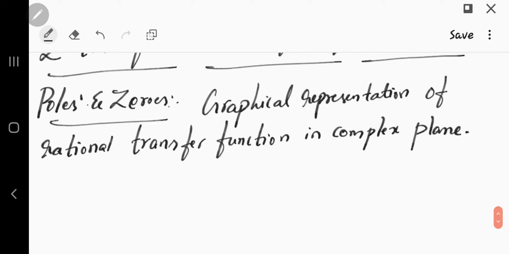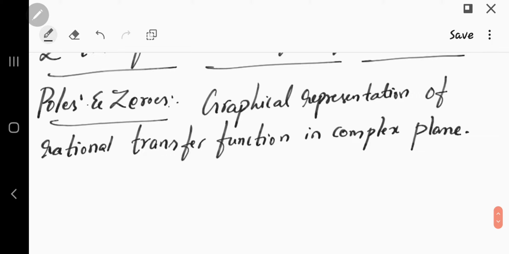So that means in signal processing, or in control system control theory and all, the poles and zeros give the graphical representation of the transfer function, and this transfer function will be rational in nature.